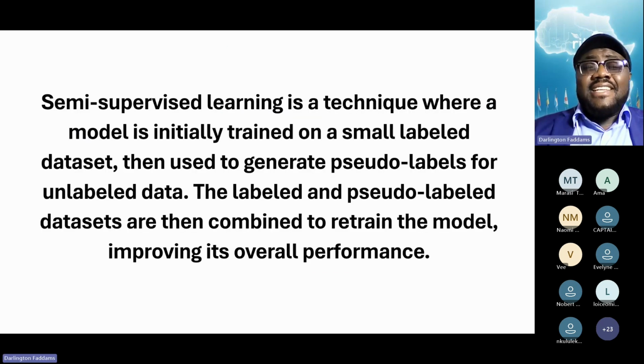Semi-supervised learning is a technique where a model is initially trained on a small labeled data set, then used to generate pseudo labels for unlabeled data. The labeled and pseudo-labeled data sets are then combined to retrain the model, improving its overall performance.